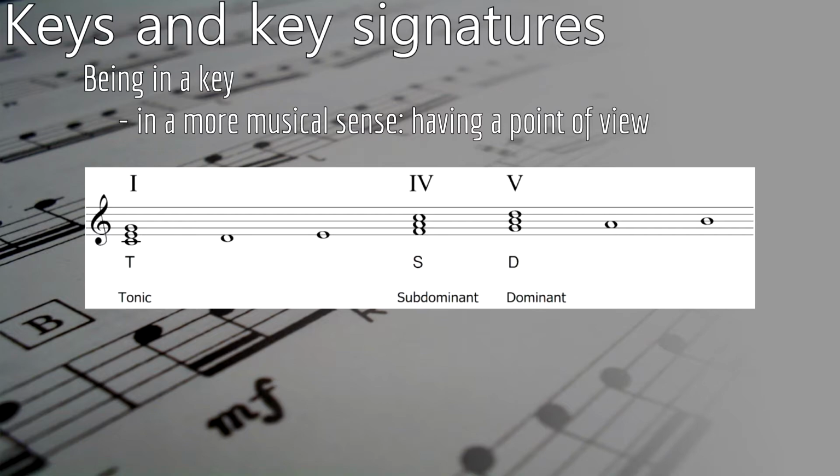And our dominant, the 5th degree, is in C the G major triad. And it has what I called, when I talked about the scale, the most important half step. It has the B, the leading note, which wants to go to the C. And then we're home again.